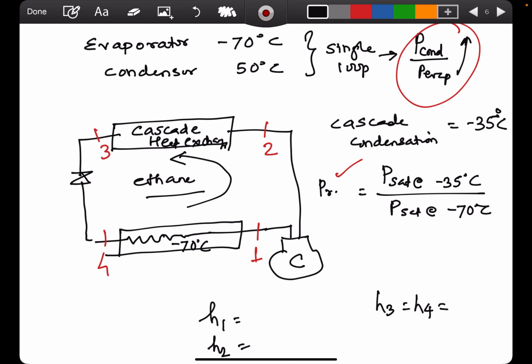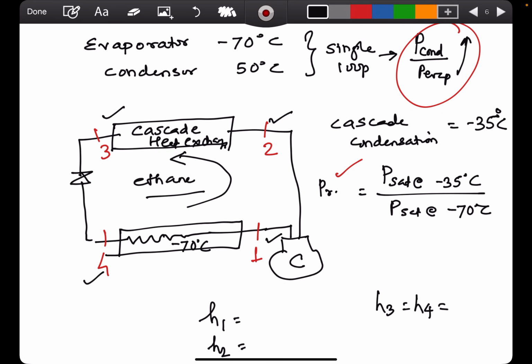So if you refer to the pressure enthalpy chart of ethane and corresponding to our temperatures, what you'll find is that for ethane you would have some values, and you'll get some values at H2, H1, H3 and H4.